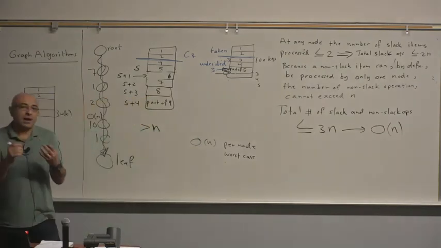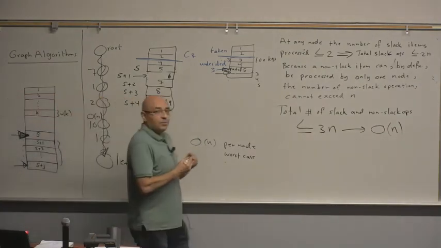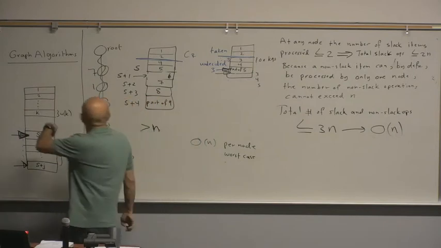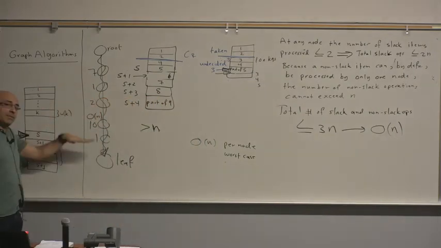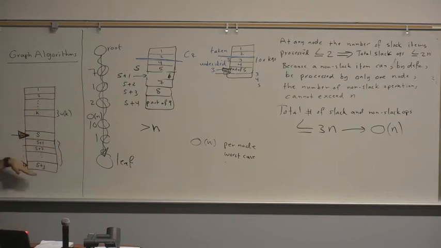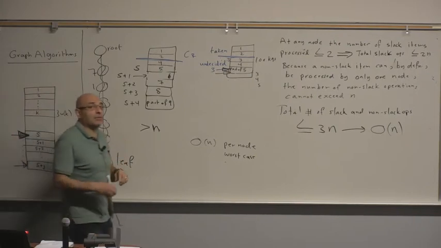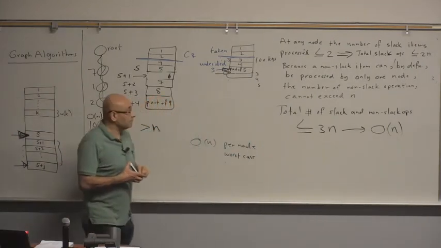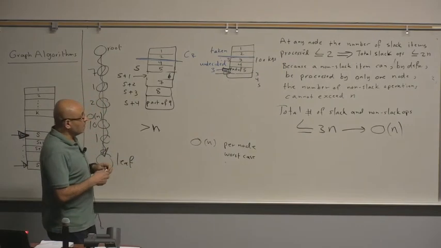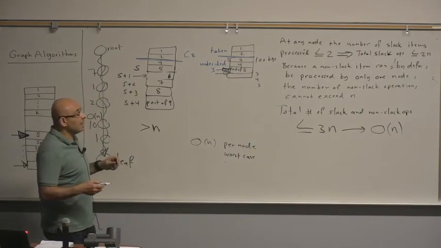So the intuition behind this is that when you process a large number of items at one node, you are making progress down the list, right? This is the list of items, and you are going only in one direction. You never go back. So you are making progress down the list, which will save you more operations in the future. You will be touching fewer items in the future. Okay? So now this is O of n.